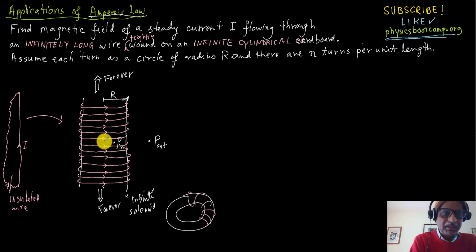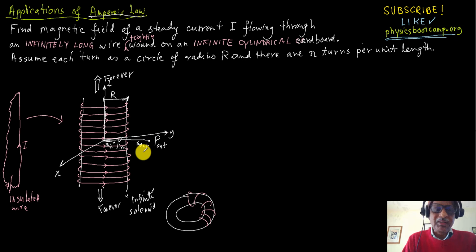So let's see, if I had a z axis going that way, the x-axis going that way, and the y-axis going that way, and this was a distance s, something within the coils, and maybe s in, and this one was s out. So the answer will be like this. The answer you already know.